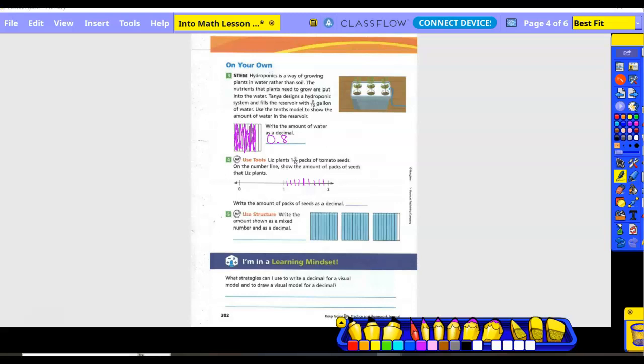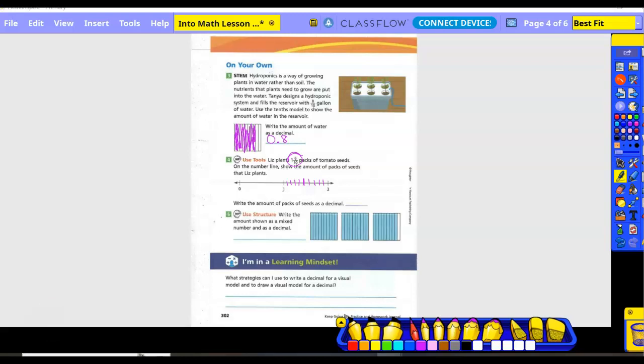And then what do we need to mark? So I have to go to 1 for sure, right? Because I have 1 as my whole number. How many little lines past 1 do I need to go? 6. So how many little tick marks do we need to go after the 1? 6.